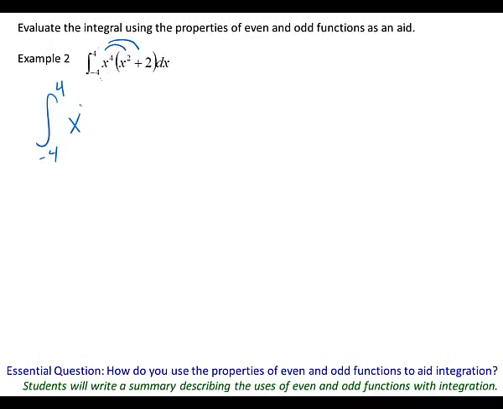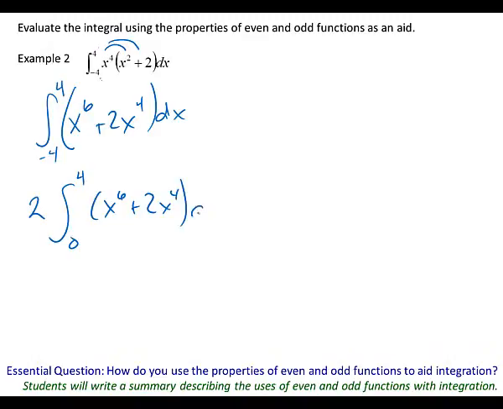So I've got x to the 6th plus 2x to the 4th dx. So what type of function do I have, an even or an odd? Even. So I'm allowed to switch this. I'm allowed to double it. Let's go from 0 to 4 of x to the 6th plus 2x to the 4th dx. So that's using that property.